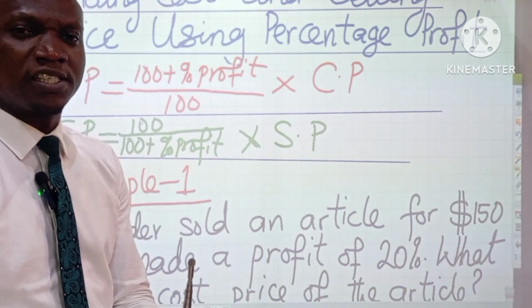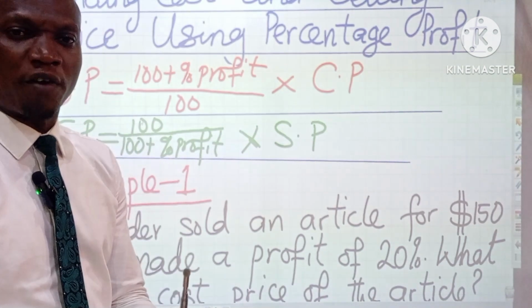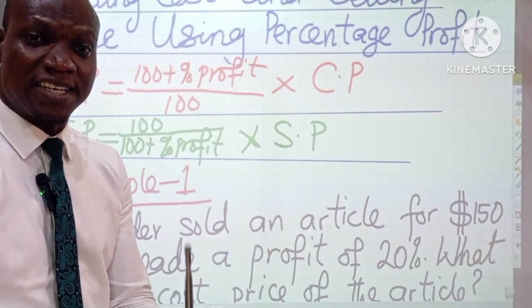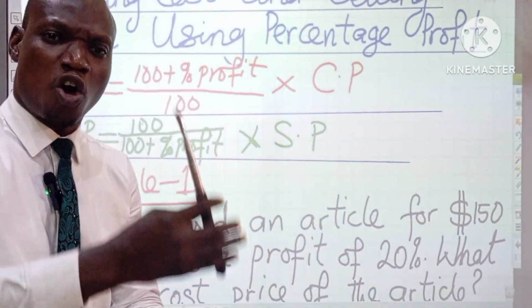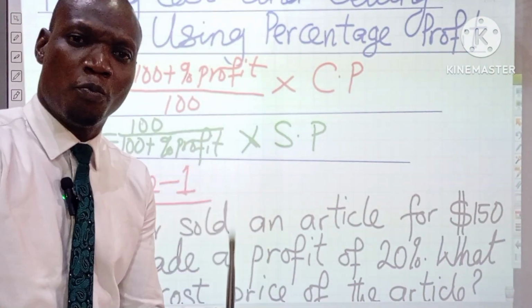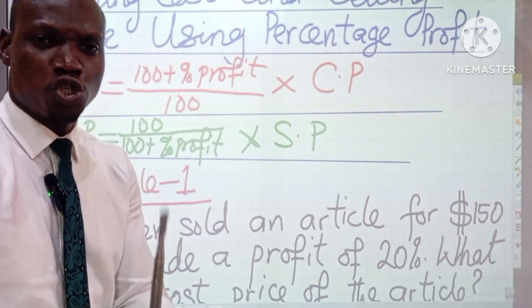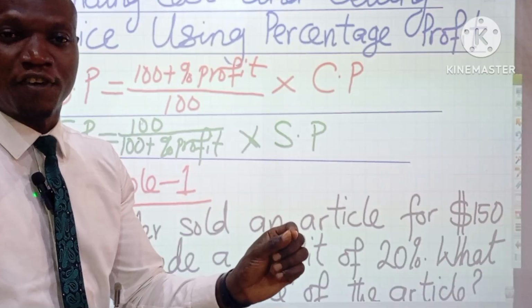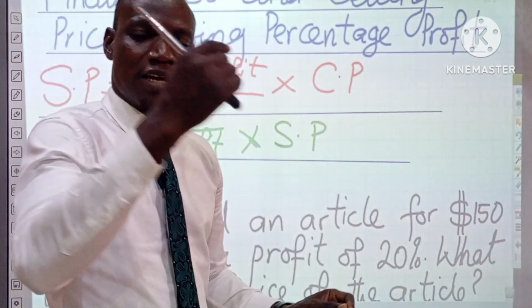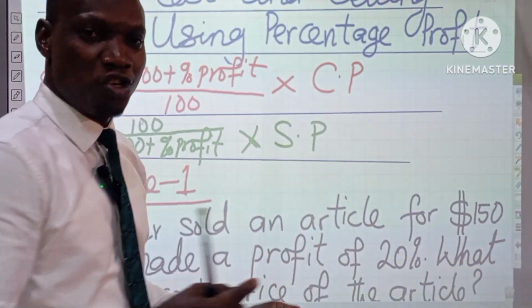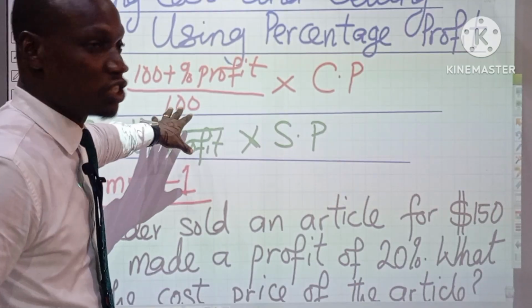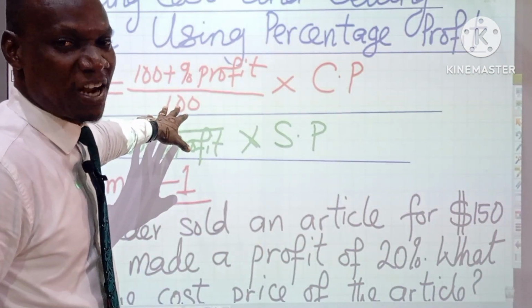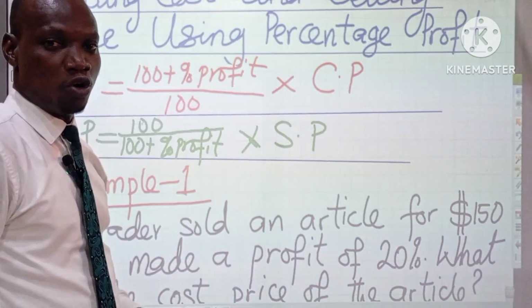So when we're looking for the selling price, when the percentage profit is given, it is expected that the selling price is always bigger than the cost price by the profit. So we are going to add the percentage profit to 100. The 100 is the percentage for the cost price, and use it as our numerator and equate it to the cost price percentage and multiply it by 100.